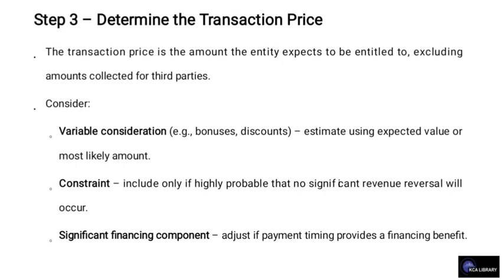The third step is determining the transaction price. The transaction price is the amount the entity expects to be entitled to, excluding amounts collected for third parties. You need to consider variable consideration, for example bonuses and discounts, estimated using expected value or most likely amount.